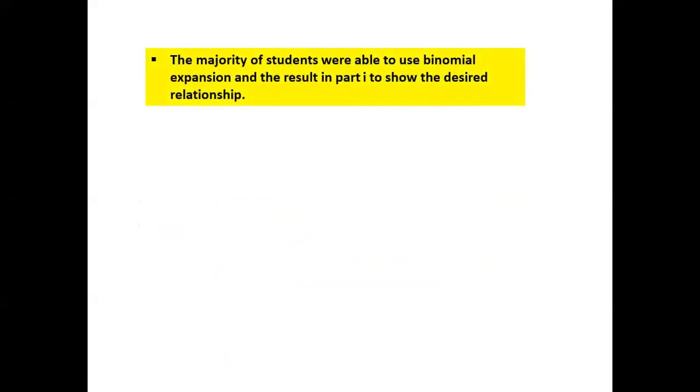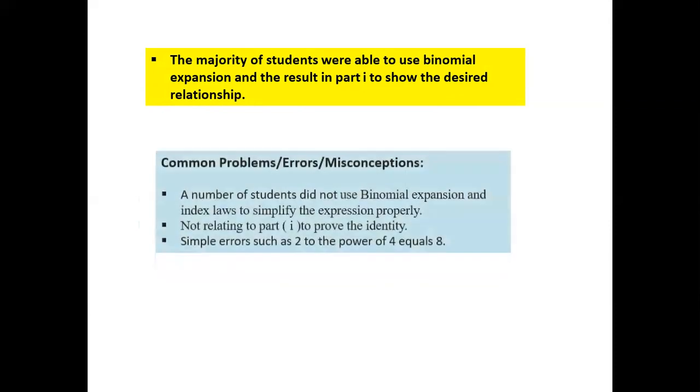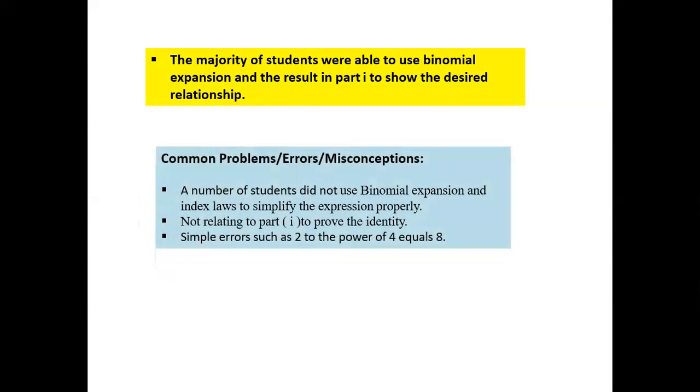For this particular part, the majority of students were able to use binomial expansion, and they also used the result from part 1 to show the desired relationship. So there's no problem with this particular question. The problem is a number of students did not use binomial expansion and index laws to simplify the expression properly.